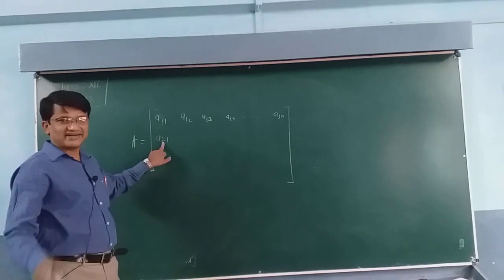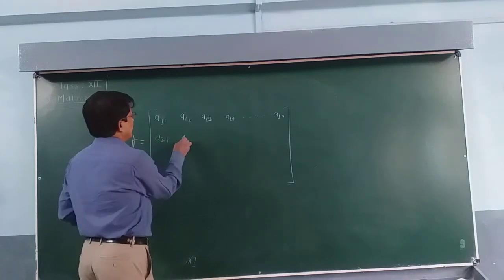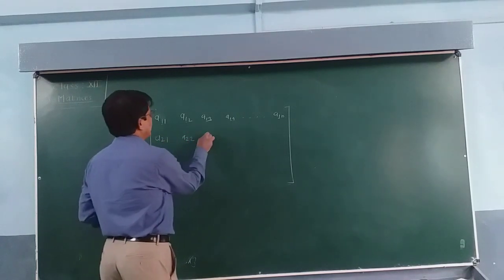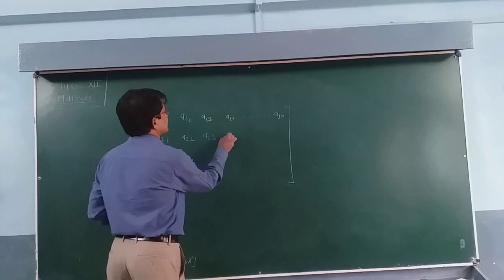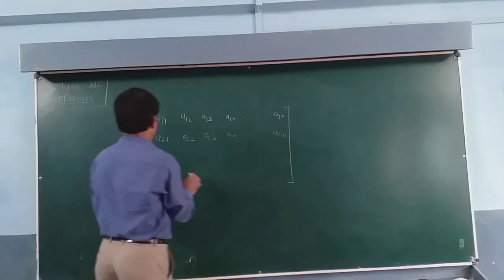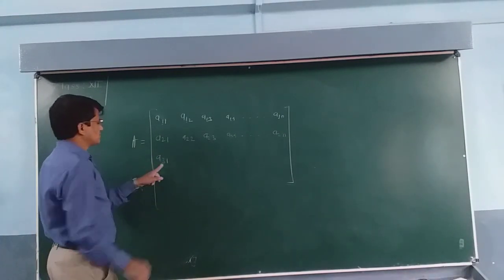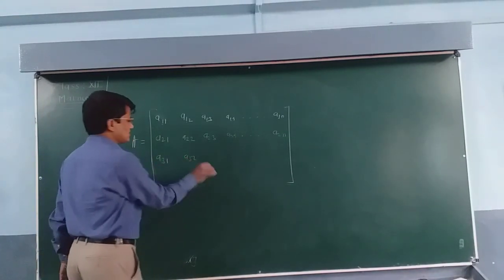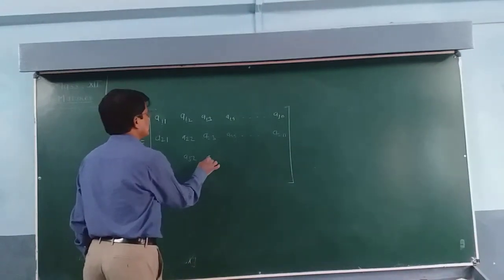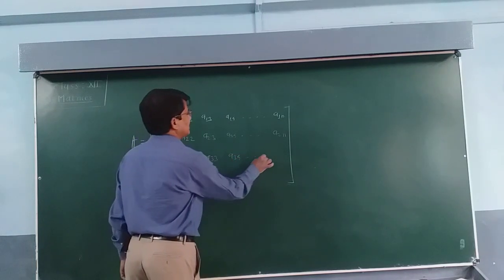Here 2 means the second row is starting, and the column remains the same. a22, a23, a24, up to a2n. Here third row, first column; third row, second column; third row, third column; third row, fourth column.